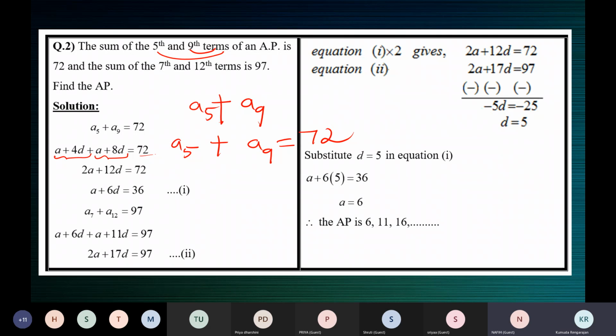Again, the sum of the 7th and the 12th terms. 7th term plus the 12th term is 97. So you'll get two equations, solve the two equations to find the values of a and d.